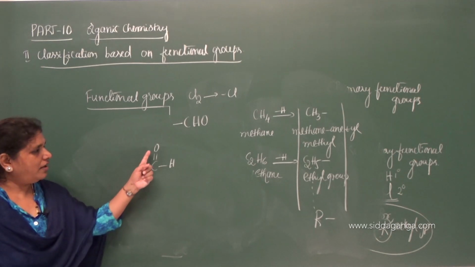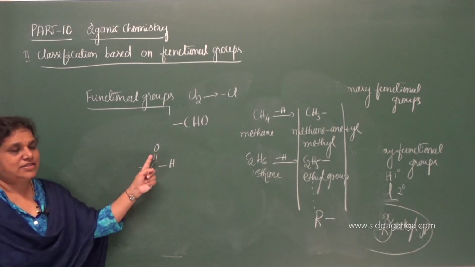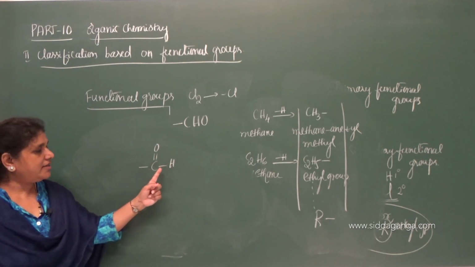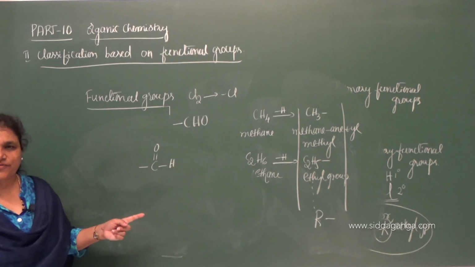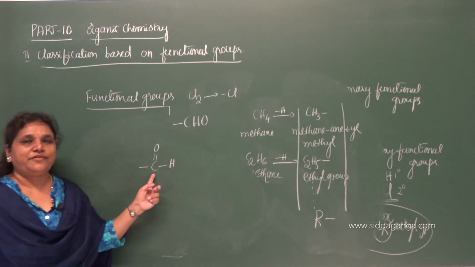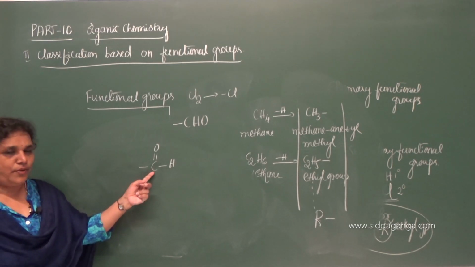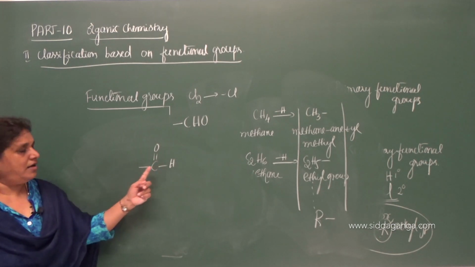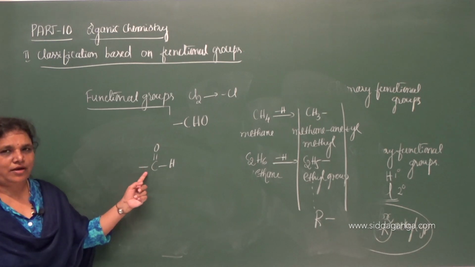Look here: oxygen is divalent, its valency is satisfied. Hydrogen is monovalent, its valency is also satisfied. But what is the valency of carbon? You know that it is tetravalent, but it has satisfied only three valencies here, leaving one valency vacant.